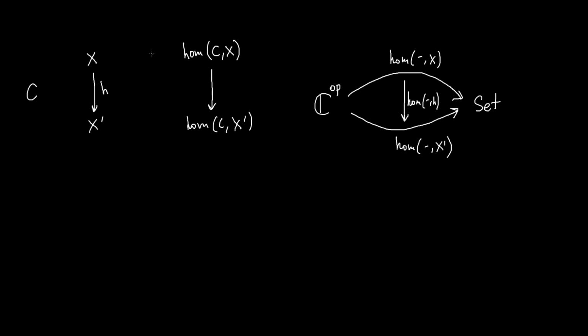The question is what to do with an element x of Hom(C, X). If we have such an element, it means we have a morphism from C to X called x. And now I'm looking for an element of Hom(C, X prime). And of course, there is an obvious answer for what to do here. We take the composite of H and x.